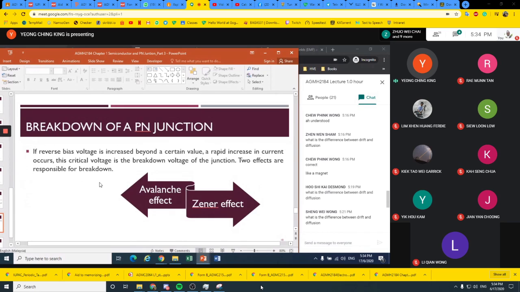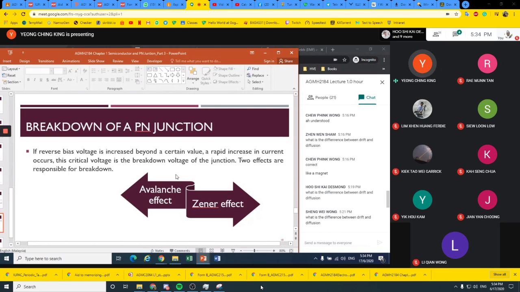And when the diode is in reverse bias, if the reverse bias voltage is increased beyond a certain value, then a rapid increase in current will occur. This critical voltage is the breakdown voltage of the junction.